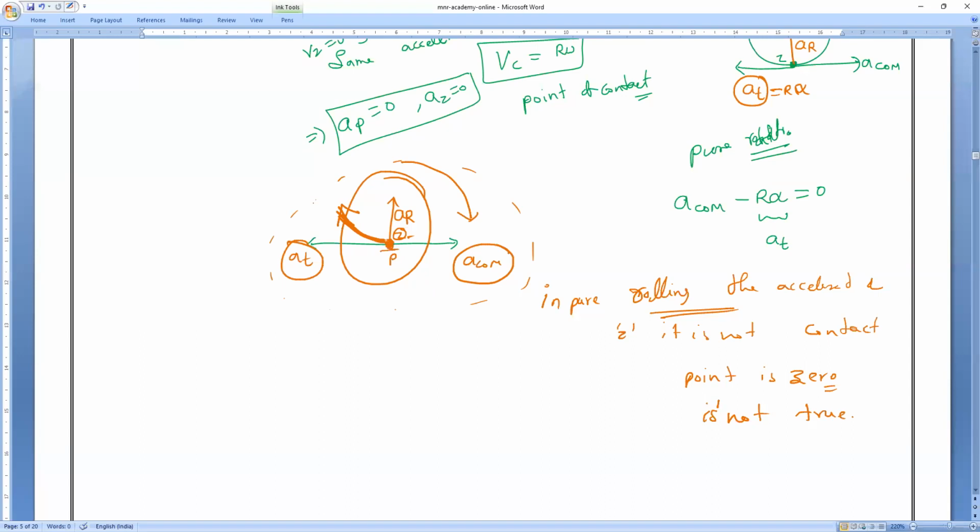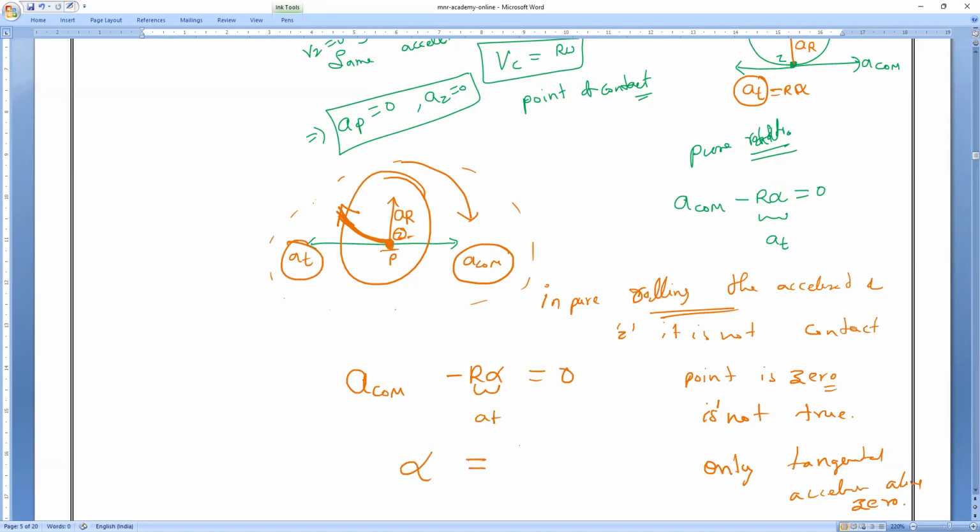Do you understand what I'm saying? The acceleration of a particle is not 0. Only the tangential acceleration alone is 0. That is what you have to remember. So the center of mass acceleration minus r alpha, which means the tangential acceleration, is equal to 0.